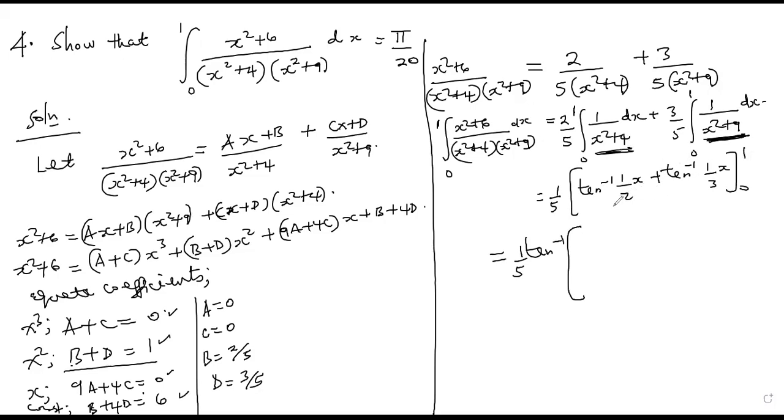When x is 1, it's going to be equal to a half plus a third. Of course, when x is 0, you will also substitute over 1 minus a half times a third.